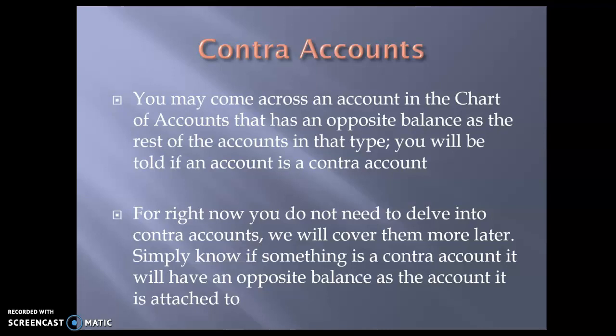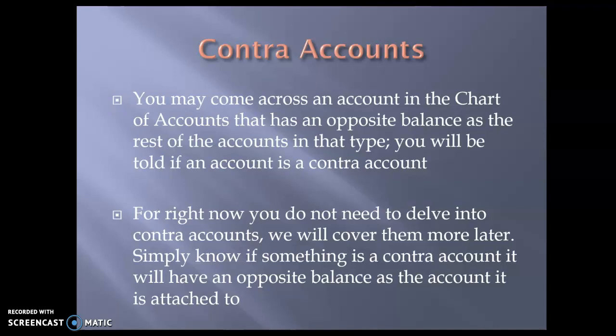Now, there aren't a whole lot of these contra accounts, but one of them is accumulated depreciation. So you have equipment, which is an asset, and you have accumulated depreciation dash equipment. That is a contra asset.